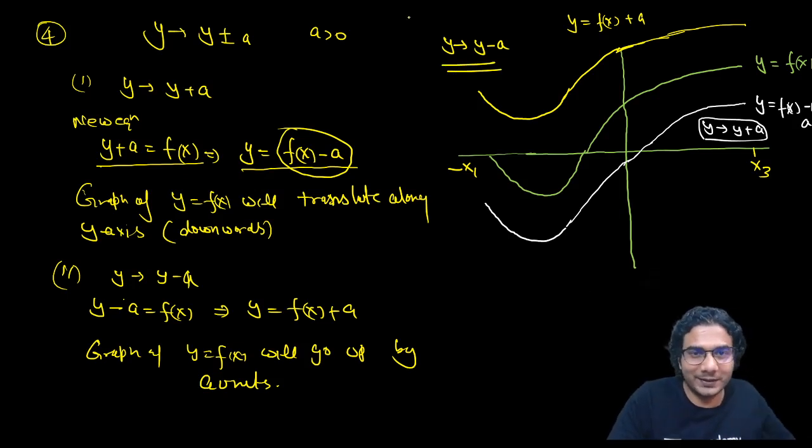Now let's do some examples. I am giving you the examples. You need to plot them. Y is equal to x square plus, say, 2. Plot this first, and I'll give you the second after this.